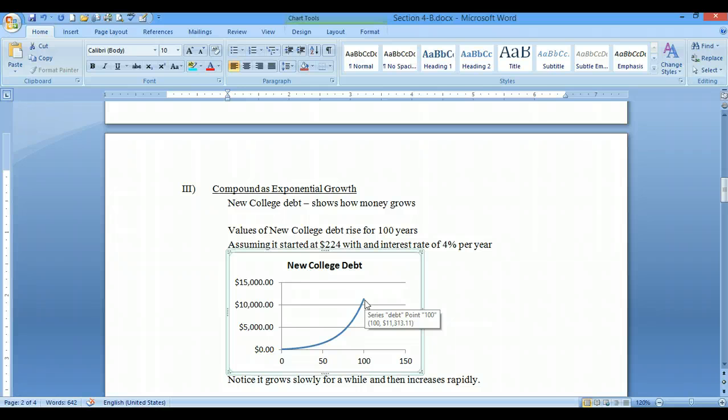In fact, it tells us at 100, it's $11,313 after 100 years, and it only started out with 224. That's kind of a testament as to credit cards and debt of your own. If it's an investment, that would be fantastic. But it does grow very slowly at first, and then after that it just takes off.